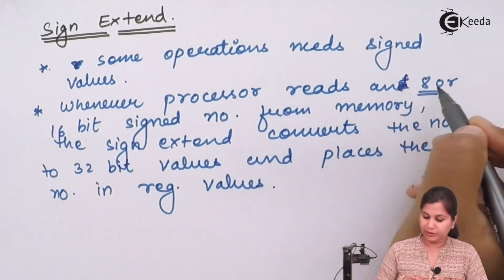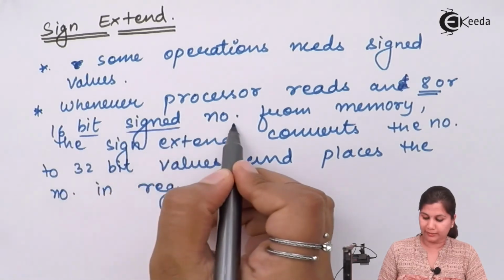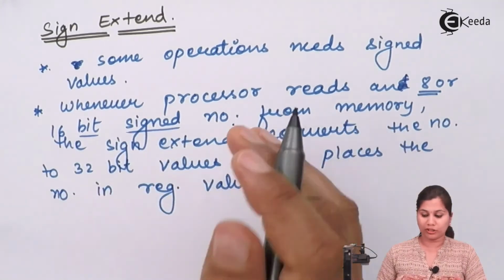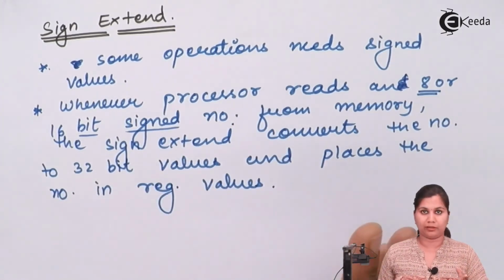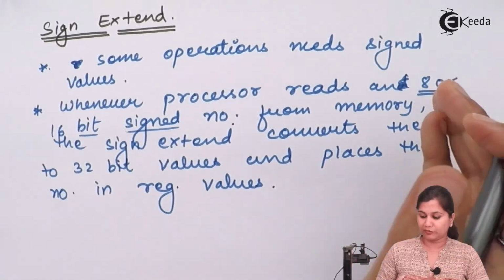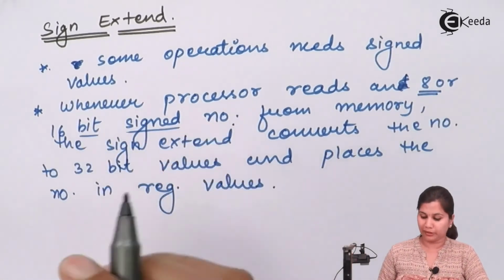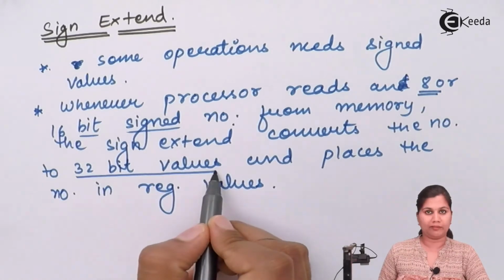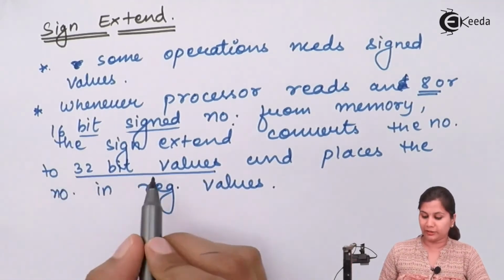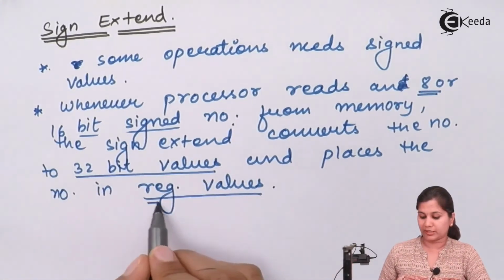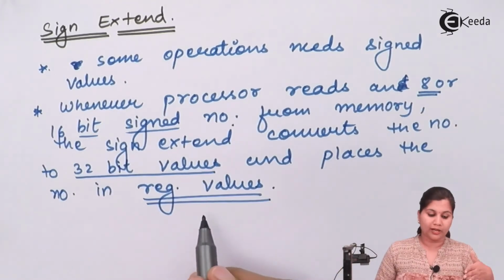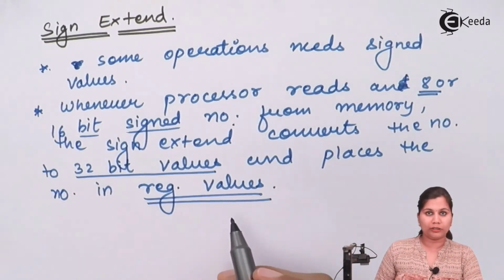reads an 8-bit or 16-bit signed number from the memory, then what it does is extend the number. How does it extend? It converts the 8- or 16-bit number into a 32-bit value, and then places the 32-bit value into the register. Okay, registers can store 32 bits of data.